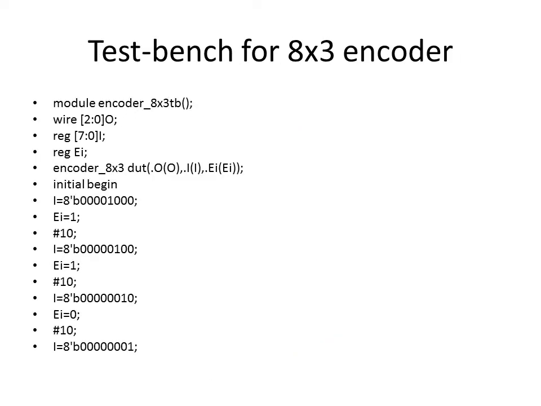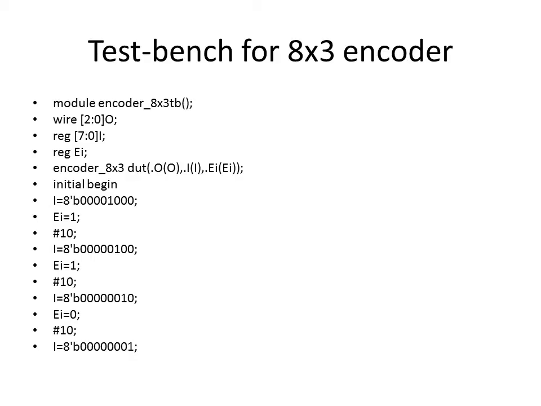This is a test bench for the 8x3 encoder. The output is declared as wires and the input is declared as registers. The device which is to be tested is instantiated here. Now we have to give the test signals in the test bench. Here I have used a 10 nanosecond delay for each test input.